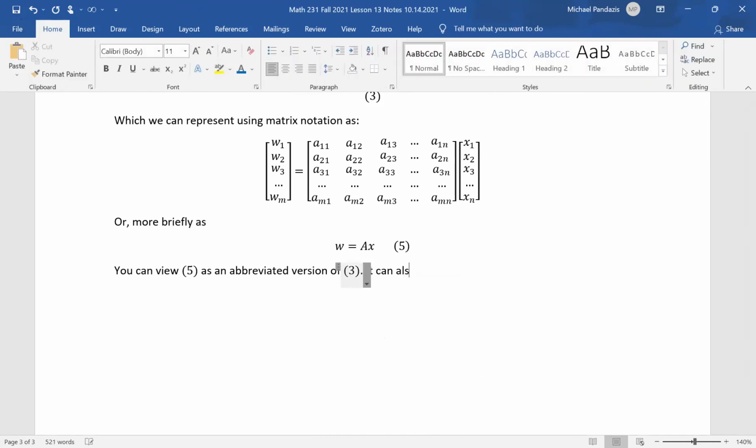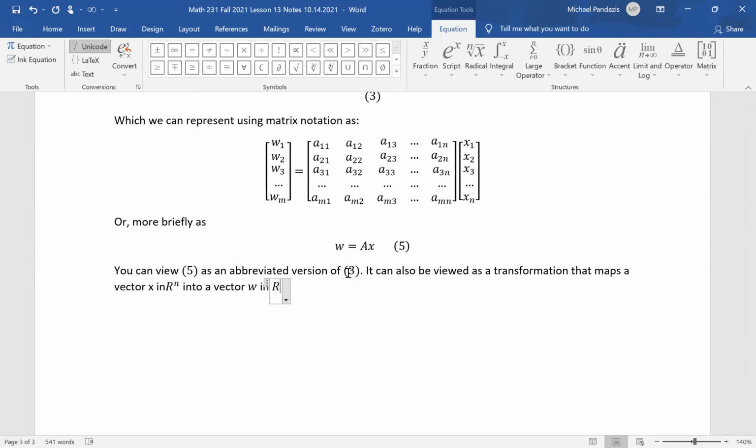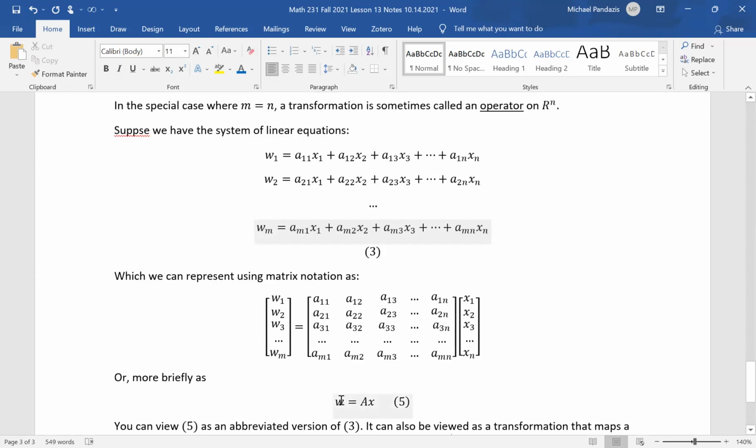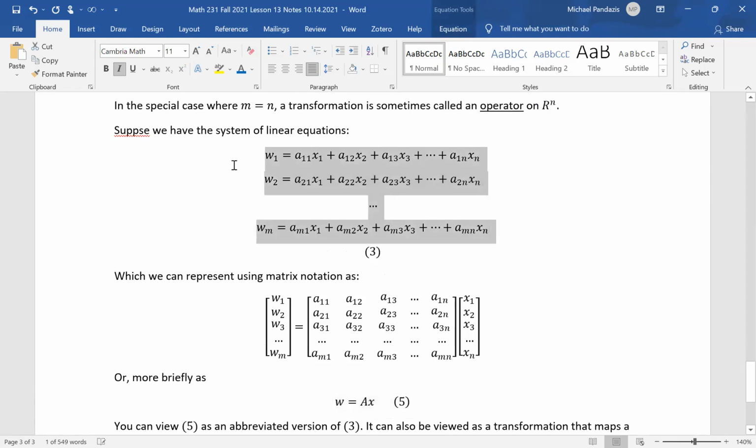It can also be viewed as a transformation that maps a vector x in Rn into a vector W in Rm by multiplying x on the left by capital A. So this is an abbreviated version of this whole thing.